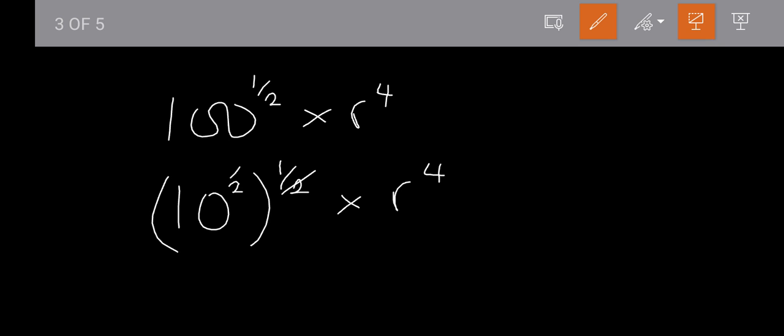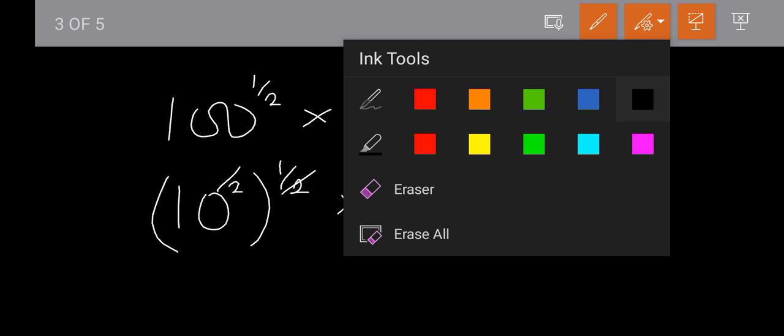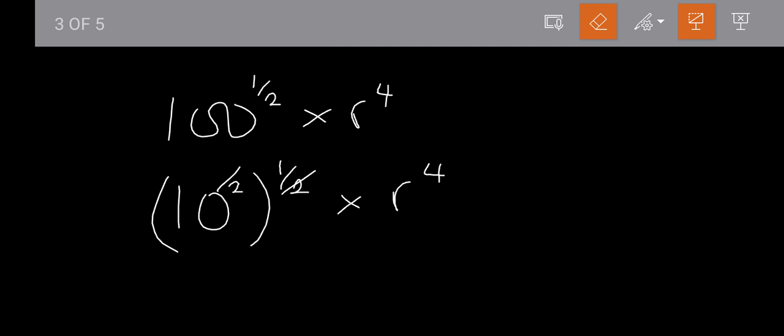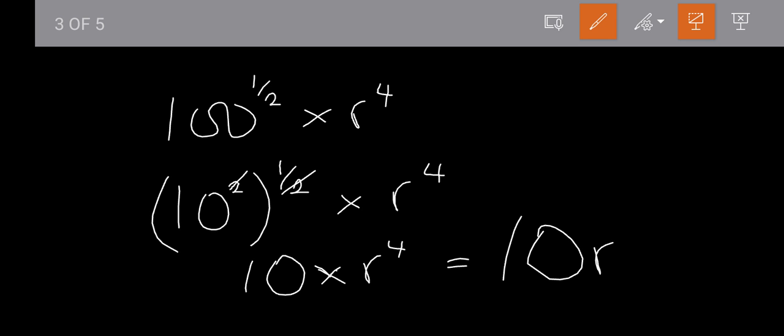So 2, we cancel 2, and we're left with 10 times r raised to power 4, which equals 10r raised to power 4. But we're not done. We just finished the first root, that's the one of the 100.